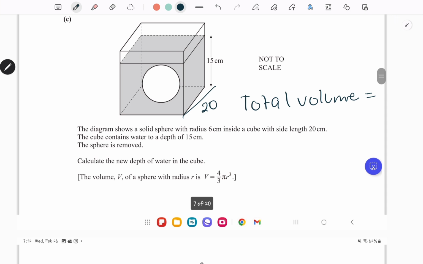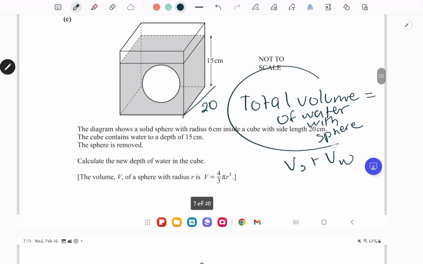So now the total volume of water with the sphere is equal to, very simply, volume of sphere plus volume of water. To find the volume of water without the sphere, first of all, we're going to calculate the total volume of water with sphere. So it is going to be length times width times height, because why?